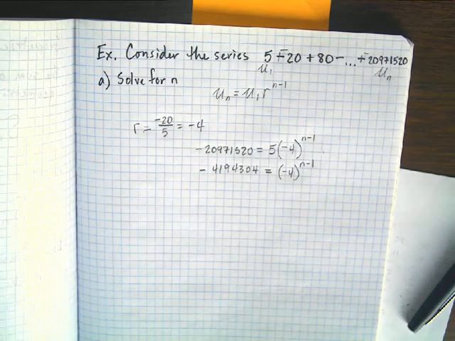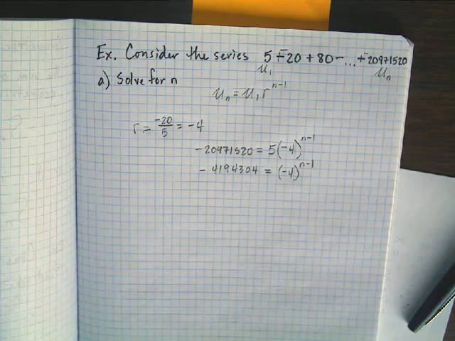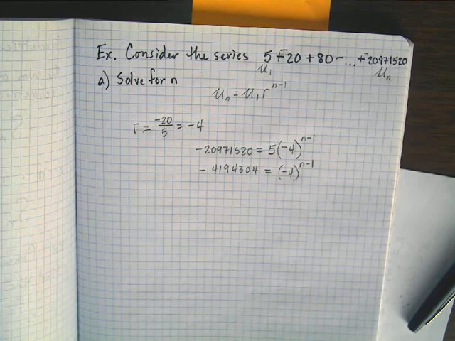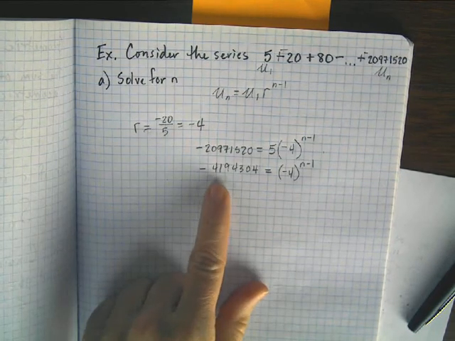And now I'm going to take the logarithm of both sides. When I have my variable in the exponent, the way to get that down is to take a logarithm. Now, we have a little issue here in that you cannot take the log of a negative number.